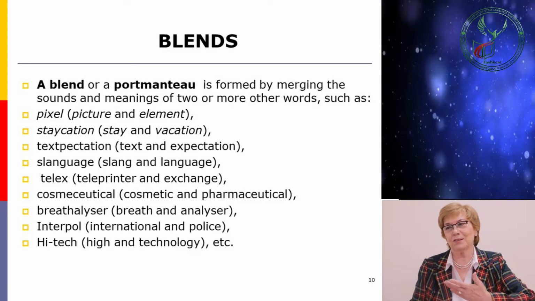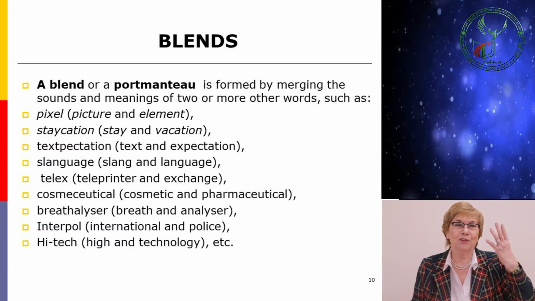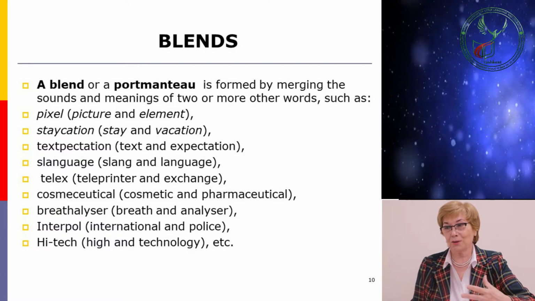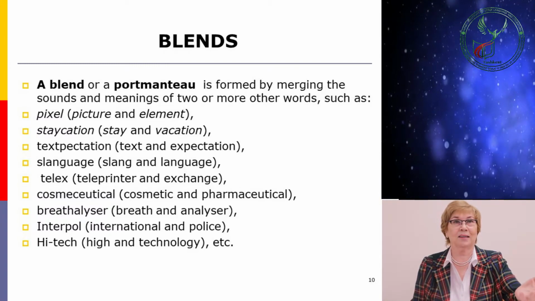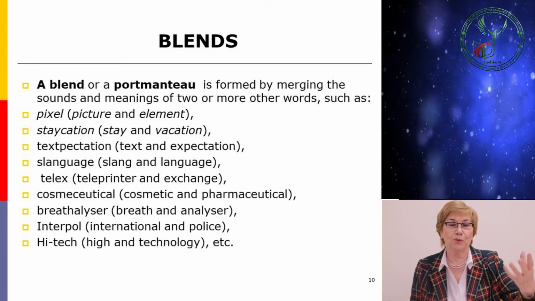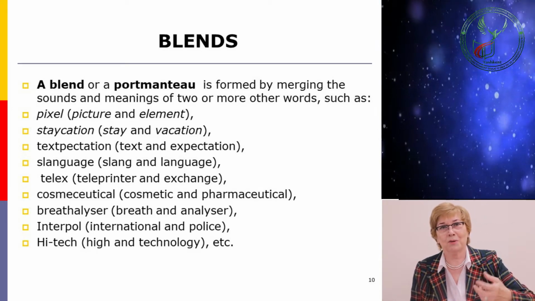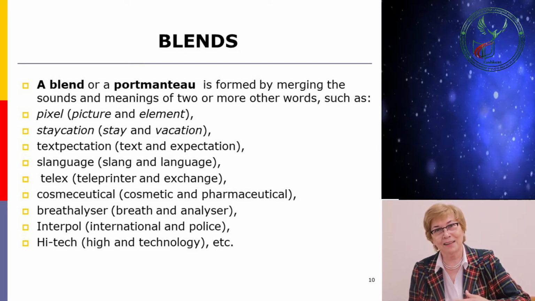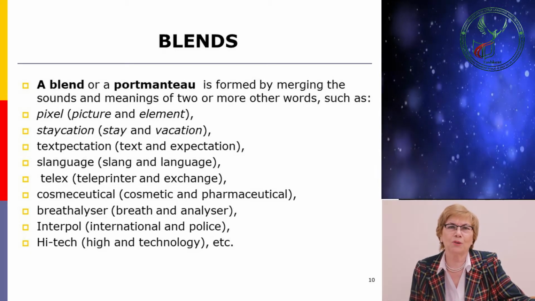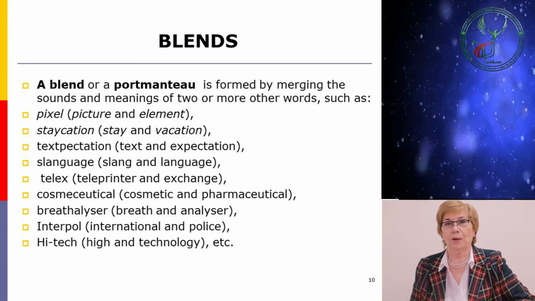So when you look at these words, you can sense how the imagination of the creator of these words worked. Breathalyzer is an instrument for checking alcohol in the breath of drivers, and it is made from breath and analyzer. Beautiful word, breathalyzer. Interpol, everybody knows, is made of two words, international and police.